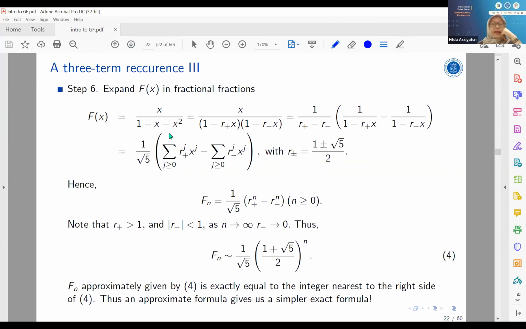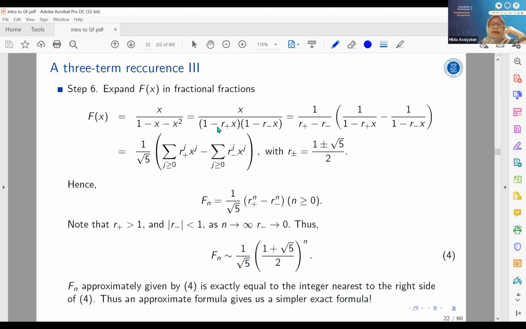This is the root of the quadratic polynomial. The roots are not integers, but of course we can solve it.